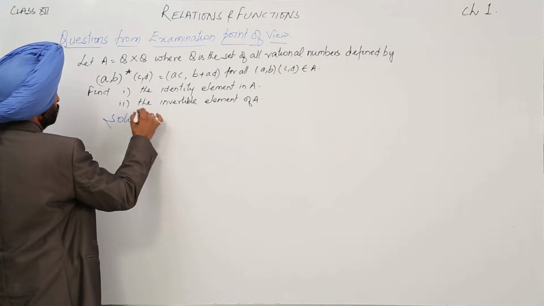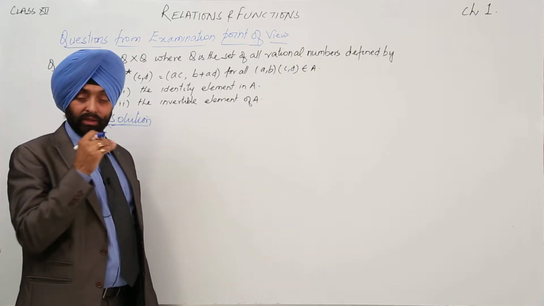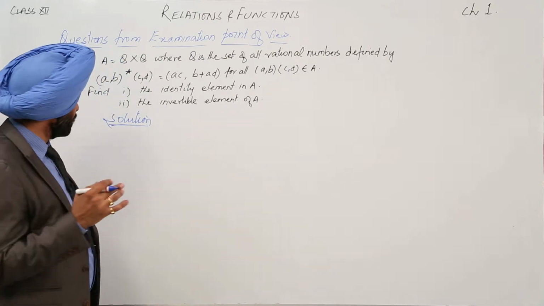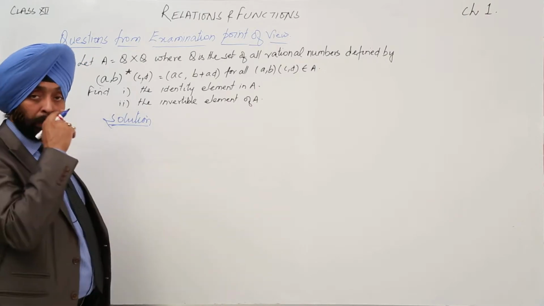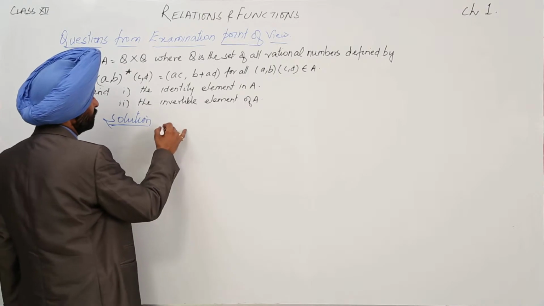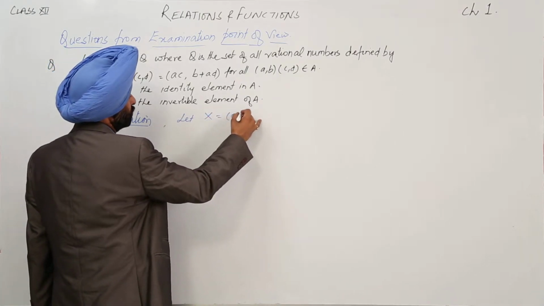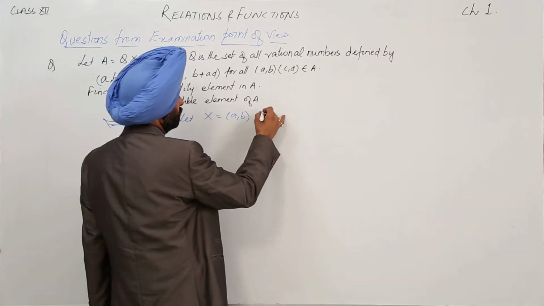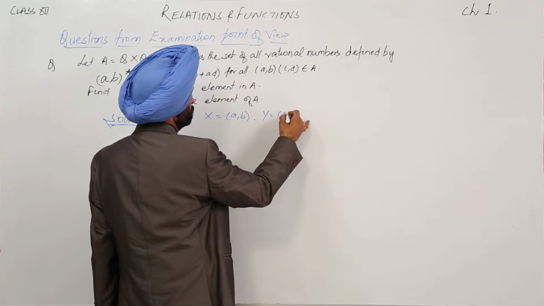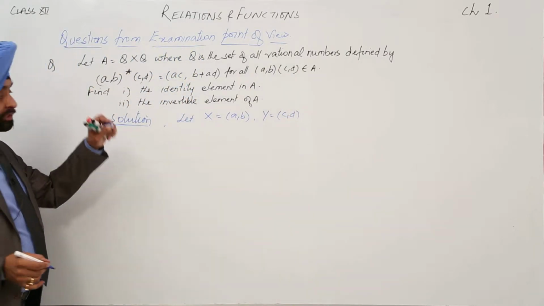For the starting point, we want the identity element, that is E, and the invertible element of A. Okay, so let's write it. Let capital X = (a, b) and capital Y = (c, d).